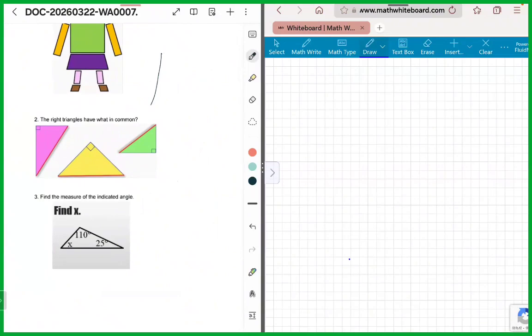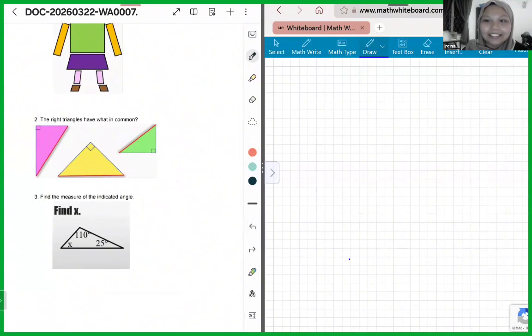Who would like to try this? You guys can just share your opinion. I would like to try. The answer is the right triangles have one thing in common, the angle.